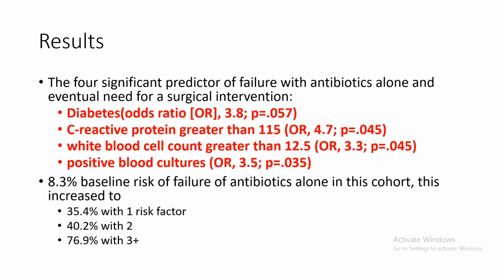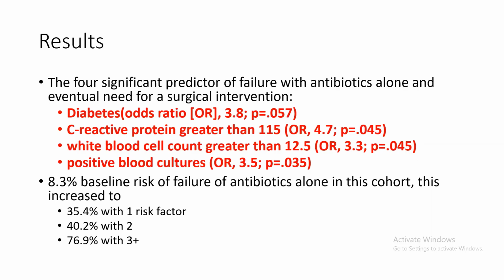Yeah, I think that's really well said. Basically what they showed was that the patients who failed medical management had a statistically significant higher rate of diabetes, CRP over 115, white count greater than 12.5, and positive blood culture.